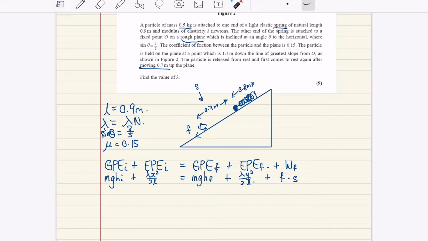Okay, so here we have initial height and final height, but they're not given in the question. So what can we do? The easier way to find the height is to find the difference in height. And how to find the difference in height? So this is the difference in height, right? And we know this theta.